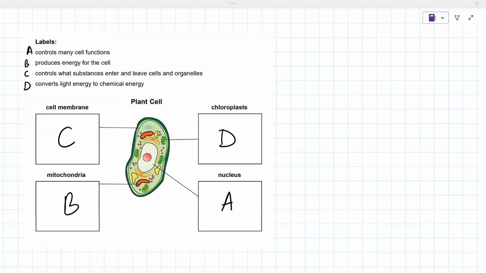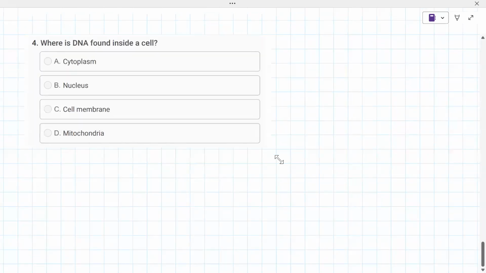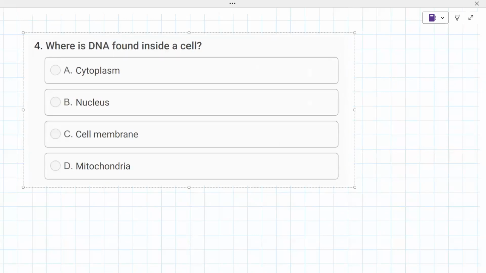Right, here is a question. Okay, here we go. Where is DNA found inside a cell?